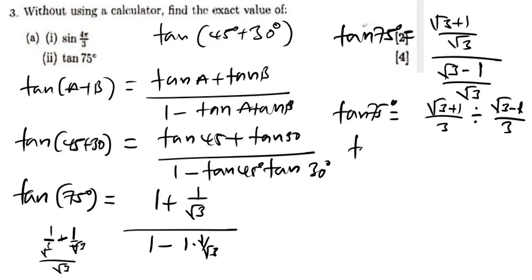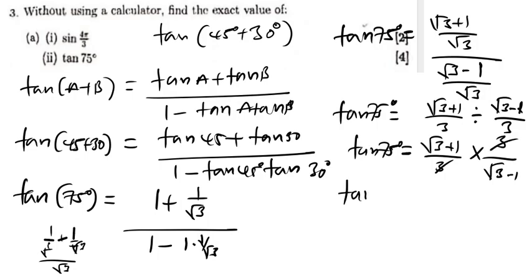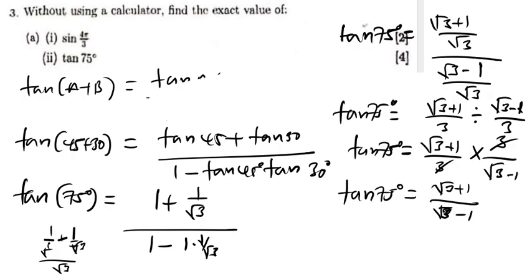So the root 3s cancel, and you have tan 75 being equal to root 3 plus 1 divided by root 3 minus 1. So when you have this, you can't have the surds on the denominator.